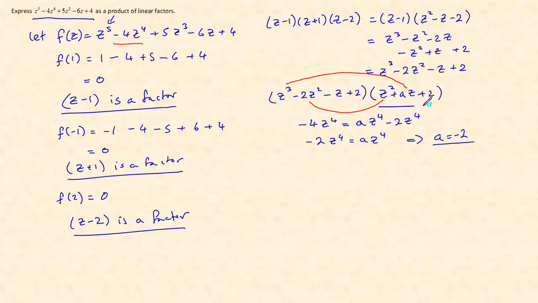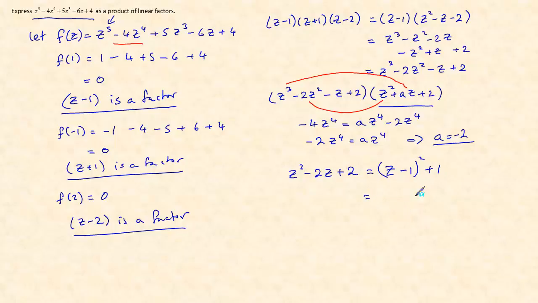So we have that this quadratic is z squared minus 2z plus 2. Now I can't see obvious factors, so let's try completing the square. So z minus 1 all squared would give me z squared minus 2z plus 1, so I need to add 1 here.